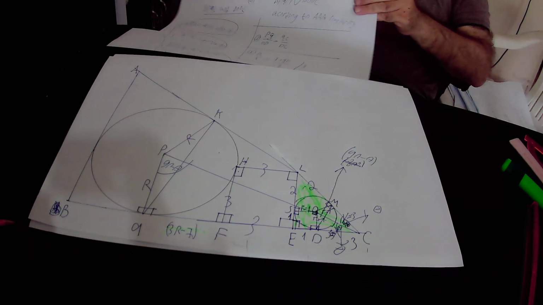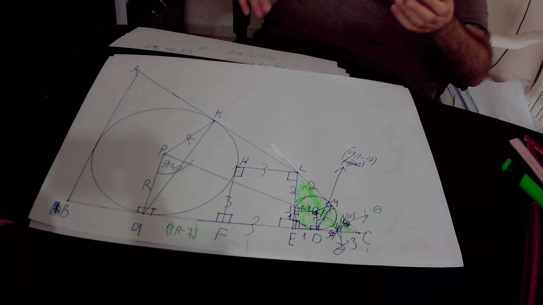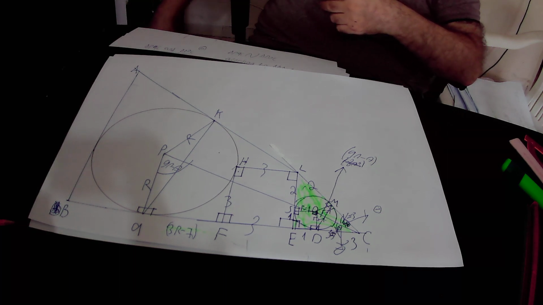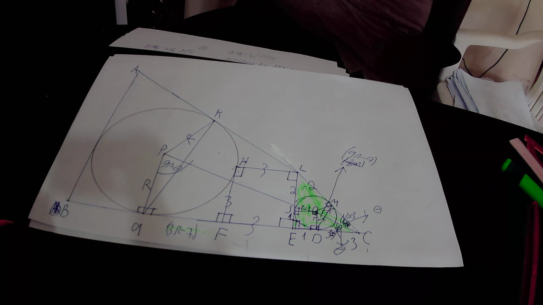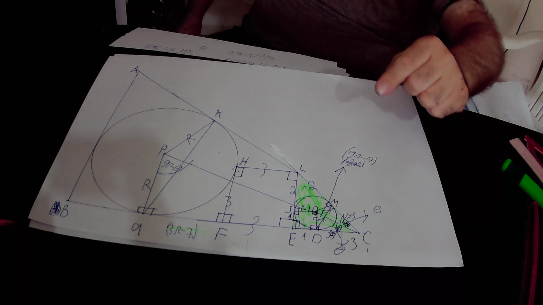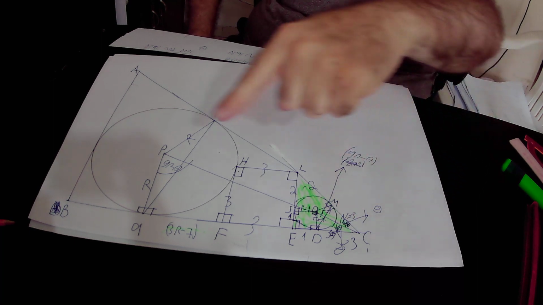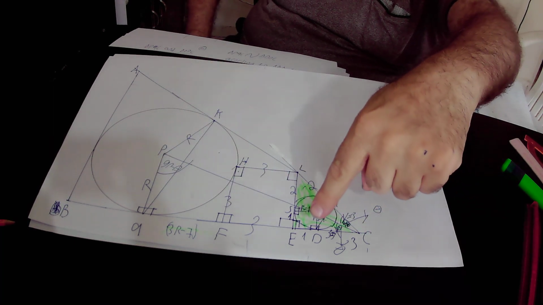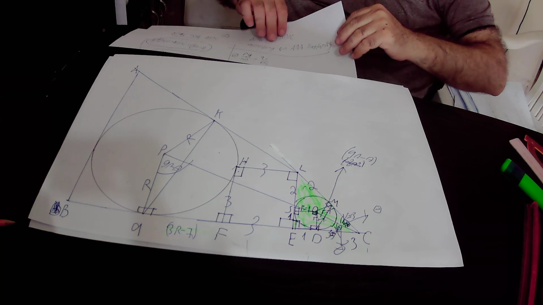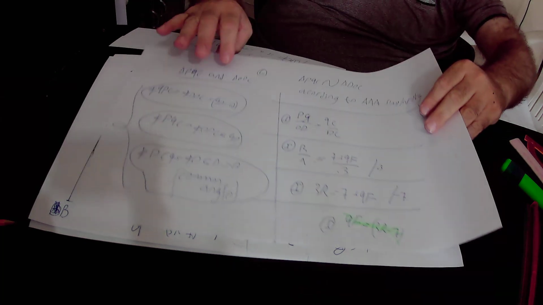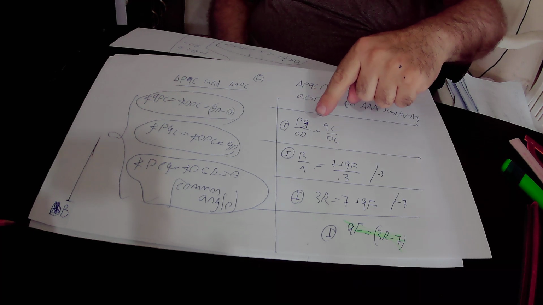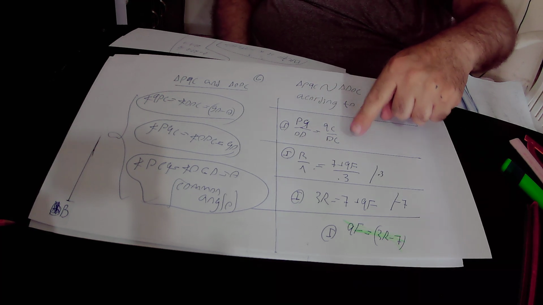And for the fact that those two right triangles are similar, we conclude that the following relationship exists between their sides: PQ over OD equals QC over DC.